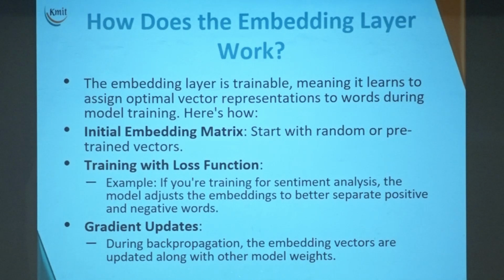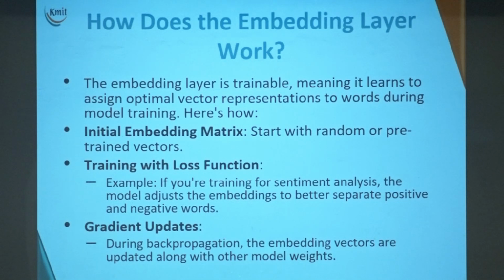Now, the embedding layer is trainable. It learns to assign optimal vector representations to words during model training, starting from an initial embedding matrix. You can do it on your own by randomly generating it, or you can use any pre-trained embeddings like Word2Vec or GloVe, etc. Second, you will train with a loss function.